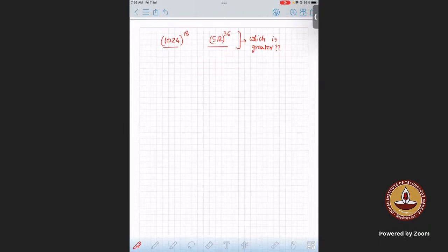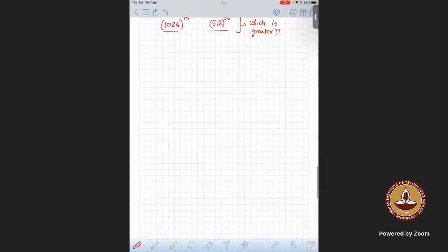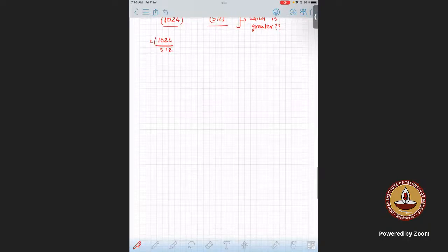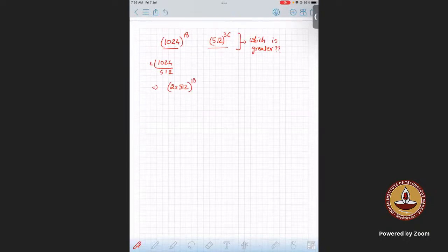How did you get that? Look, let us factorize 1024. It can be written as 2 into 512 whole power 18. Agree?